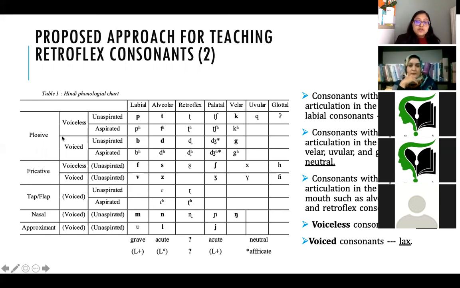In this table, we can see that the juxtaposed consonants sit pretty much perfectly if you consider them to be grave or acute, like here. The consonants in bold are the ones which are common between both phonological systems of French and Hindi.